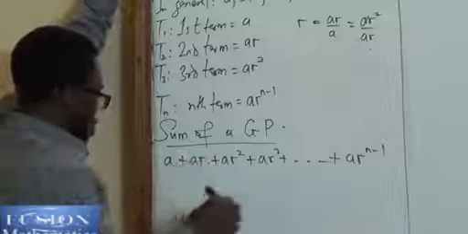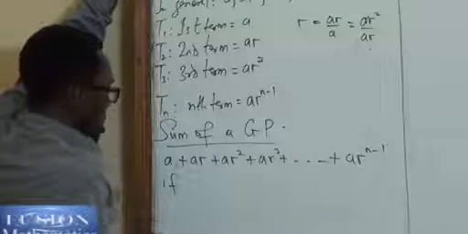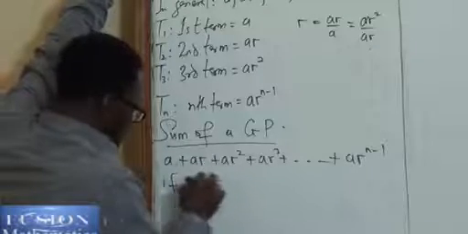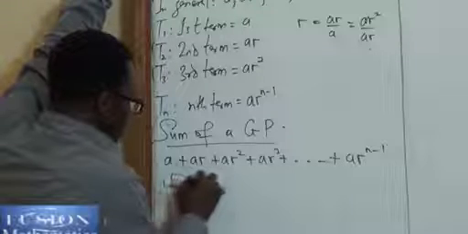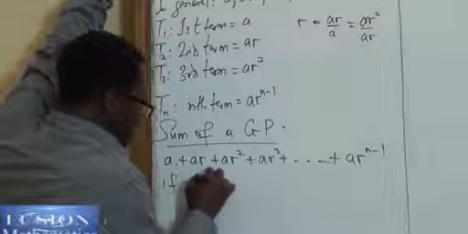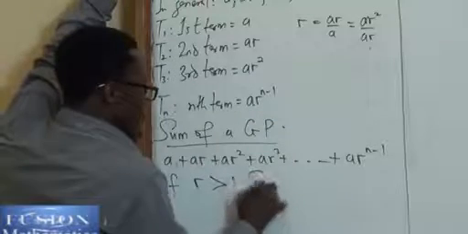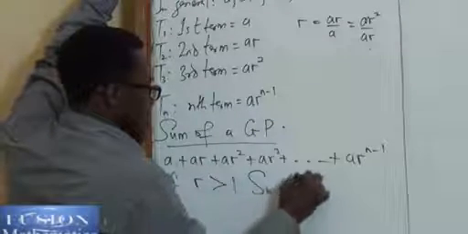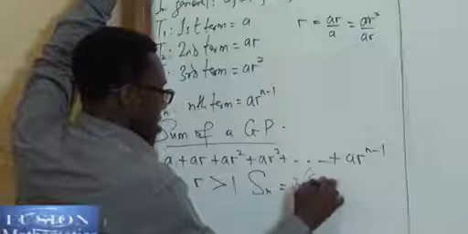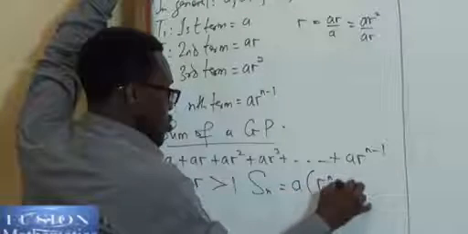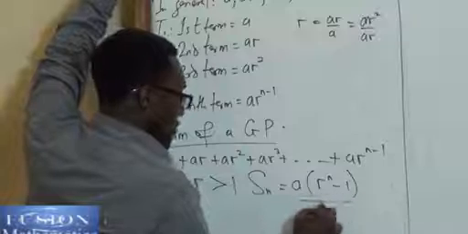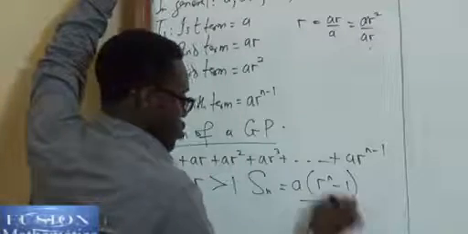The first condition, if r is greater than 1, our formula will look like this: a bracket r to the n minus 1 all over r minus 1.